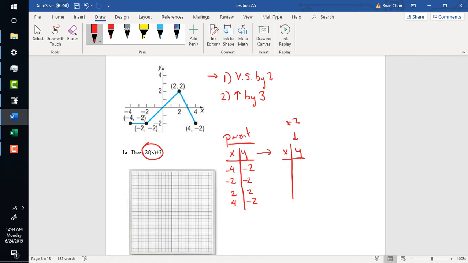So I have (-4, -4), (-2, -4), (2, 4), and (4, -4). And then I'm going to go up by 3, so I'm going to add 3 to my y. And then I graph my results.